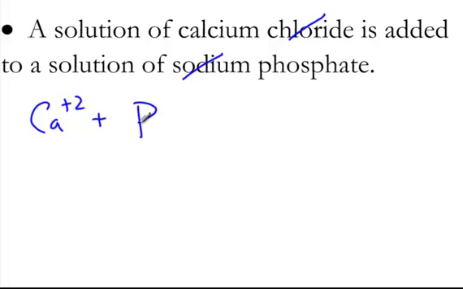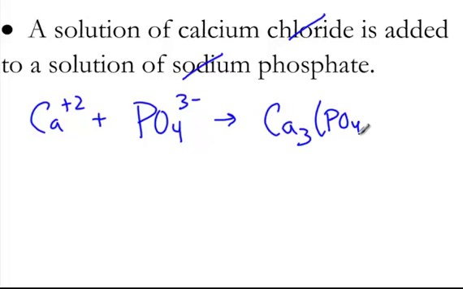Phosphate, we got to know phosphate's formula, PO4, -3. And when we do the crisscross, we're going to end up getting a solid of Ca3(PO4)2, which is a solid. We do have to balance this though, because you look at our charges, we got to make those into +6 and -6, which not only balance our atoms, it also balances our charges as well.